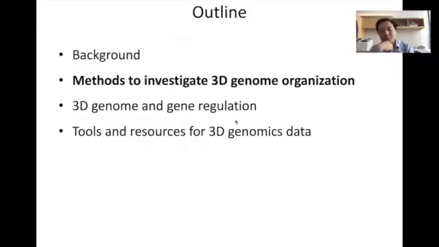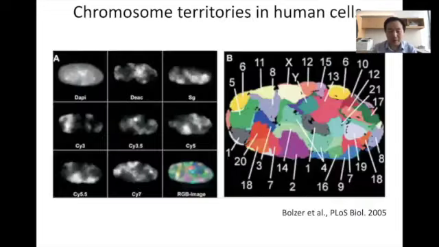Okay, so next we are going to talk about the technologies or methods to study 3D genome structures. Of course, ideally, if we can really see everything with our own eyes, that would be ideal, right? And we have made some progress in that end. As mentioned in the beginning, there are chromosomal territories in the genome.